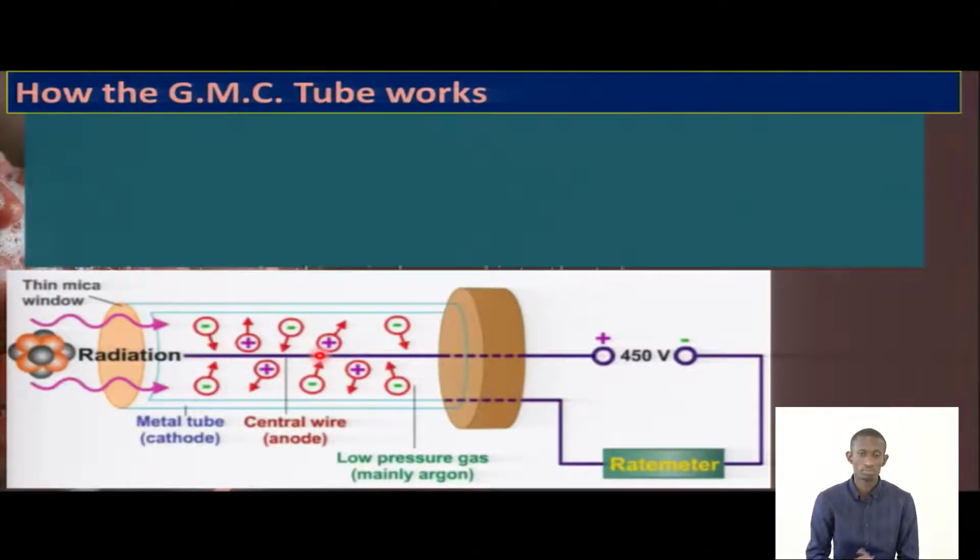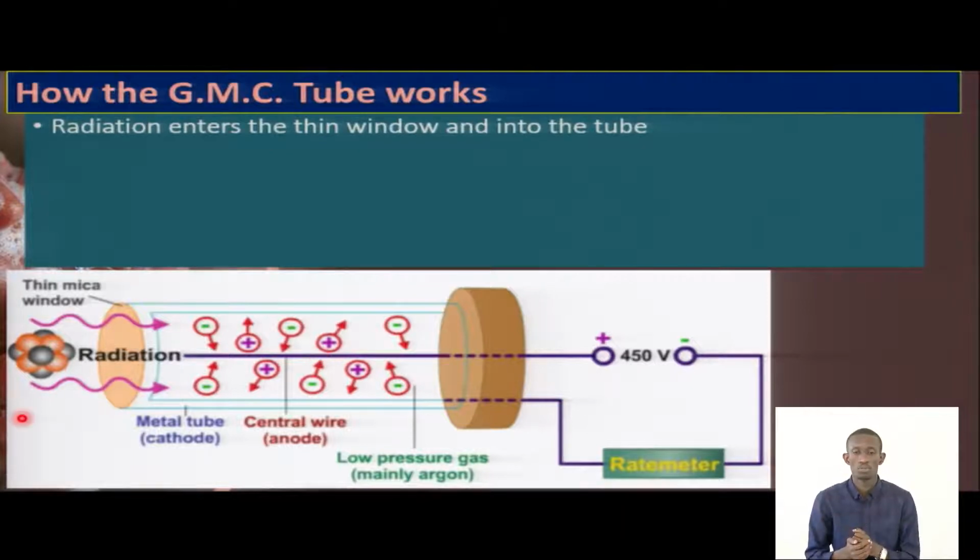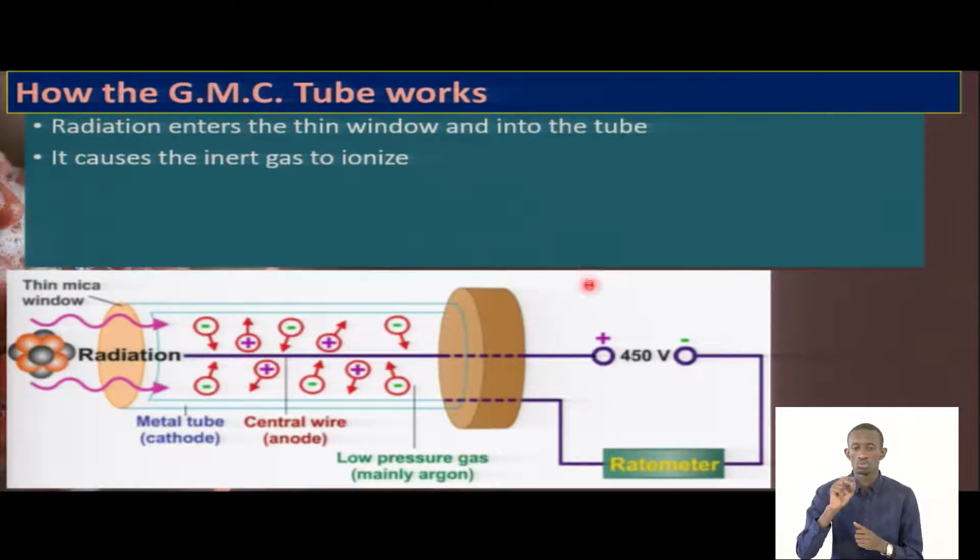After the radiation enters the thin window and into the tube, there is going to be this ionization of the gas. And with this ionization, there will be collisions of the gas, and the more collisions are going to produce more and more positive and negative charges.